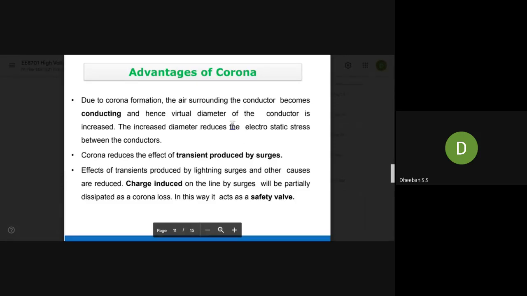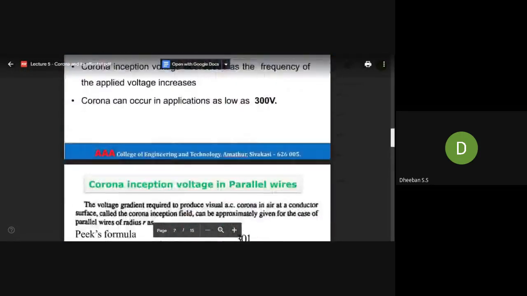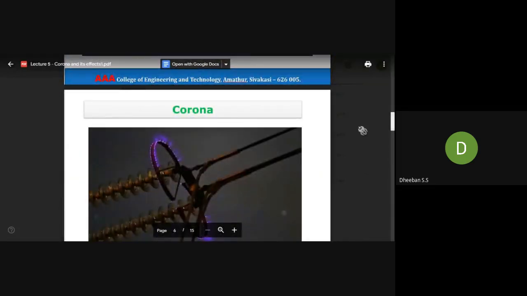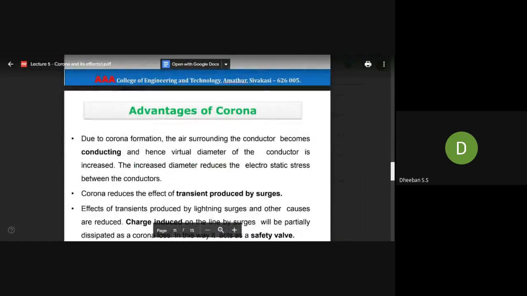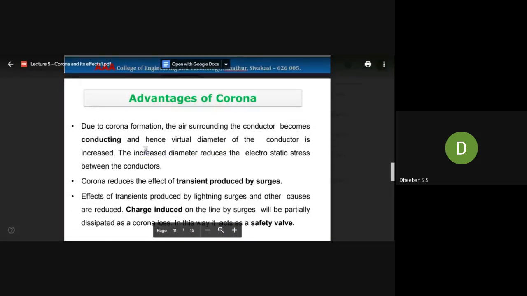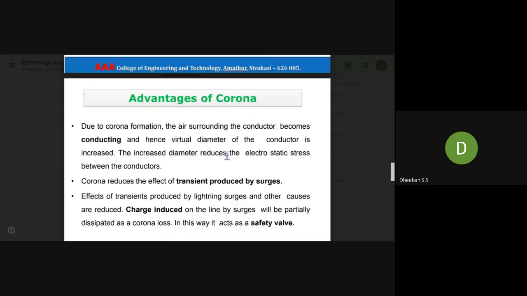Here you can see that around the conductor, the conduction part is increased. That's what they are saying: the diameter of the conductor gets increased. What does the increased diameter mean?